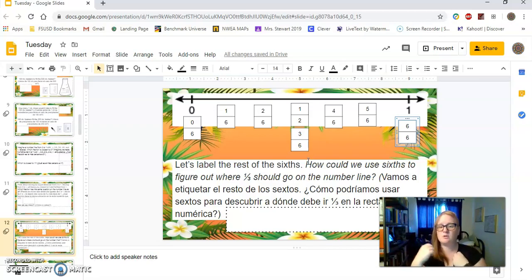Okay, so when you want to figure out what is half, look at the denominator and think, what is half of that denominator? Half of 6 is 3, so this is in line with 1/2. This is an equivalent fraction for 1/2.